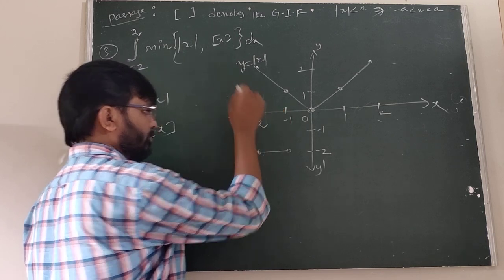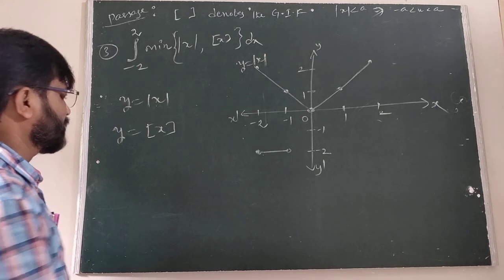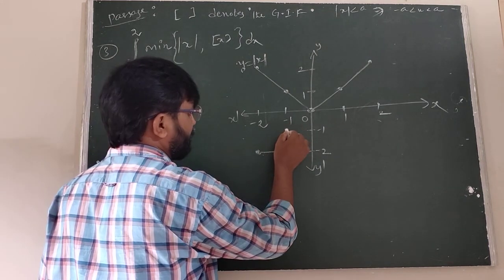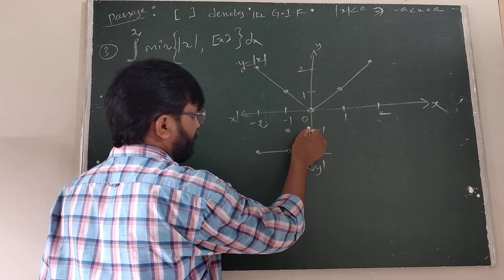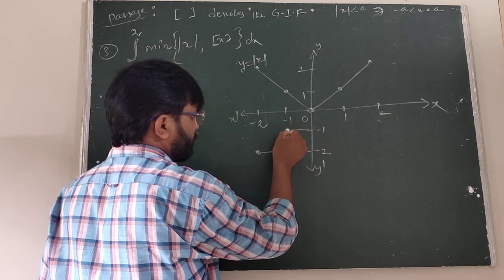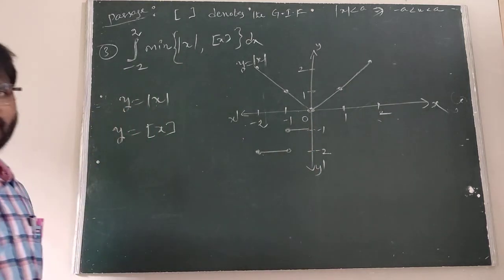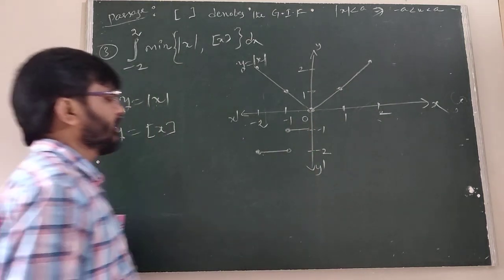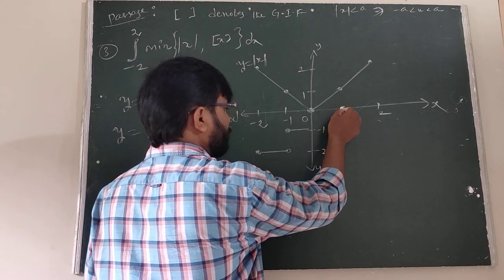Minus 1.5, minus 2. Then the step of exactly minus 1 is minus 1. Therefore, minus 0.1 gives minus 1, and minus 0.5 is also minus 1. Is it clear or not? After that, exactly 0 is 0. Minus 0.9 is also 0.